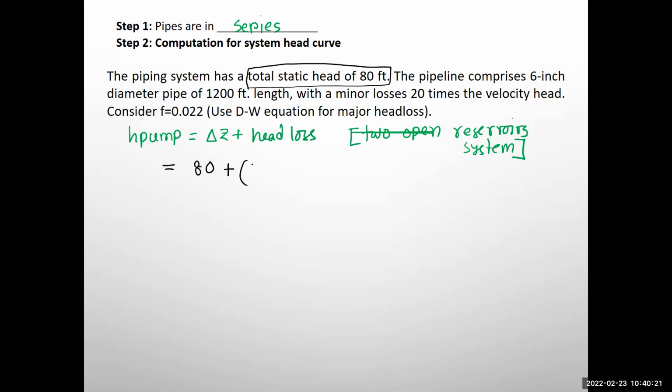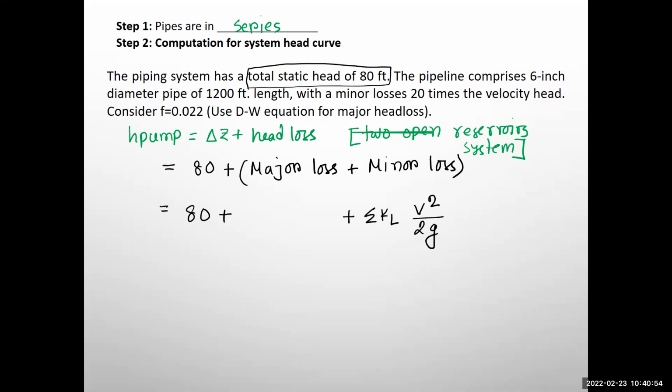So what you will do, you will say major plus minor. So for major head loss, I asked you to use the Darcy-Weisbach equation. So either you can say fL over d times V squared over 2g, or you can go back to that table 15.2. Do you have table 15.2? And for the minor loss, K_L V squared over 2g.